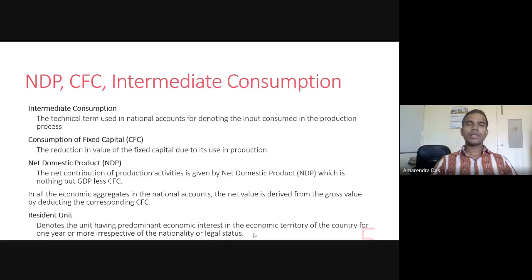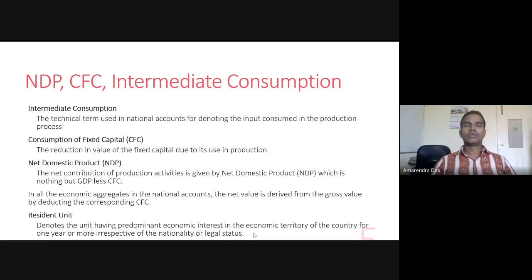So net contribution of production activities is given by the net domestic product, which is nothing but the GDP less consumption of fixed capital, or we can say GDP minus the depreciation value. Now, in all the economic aggregates in national accounts, when we derive the net value, we have to basically deduct the consumption of fixed capital from the gross value.